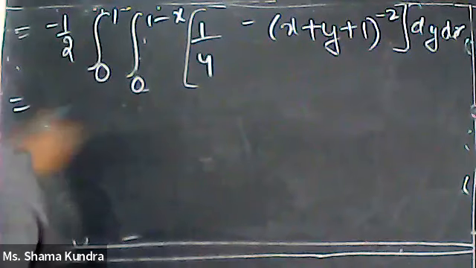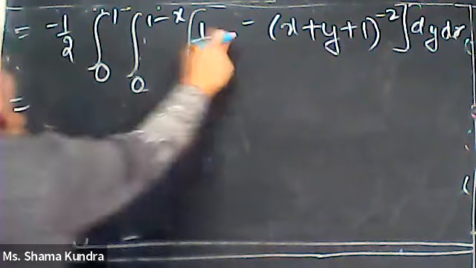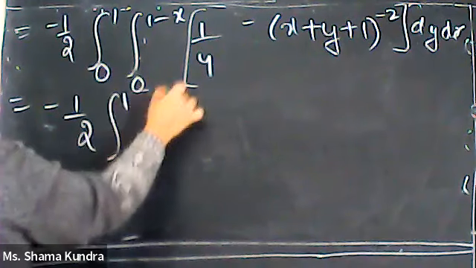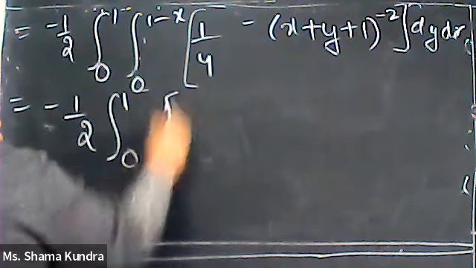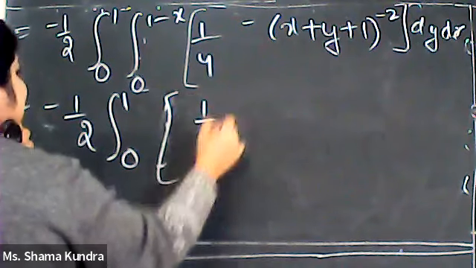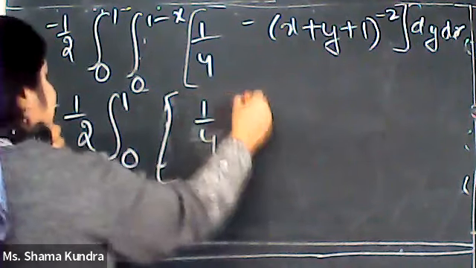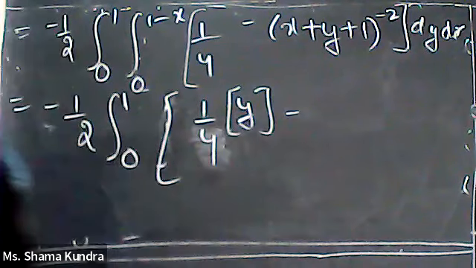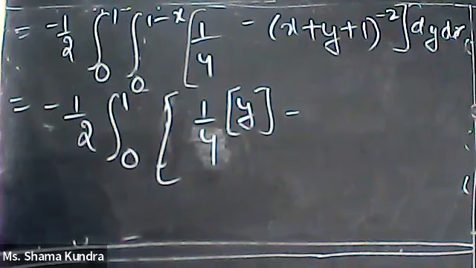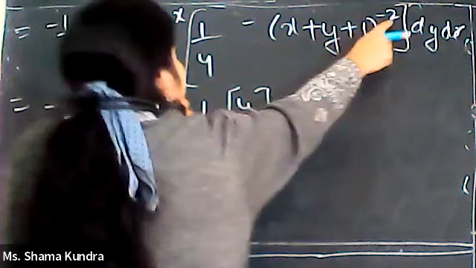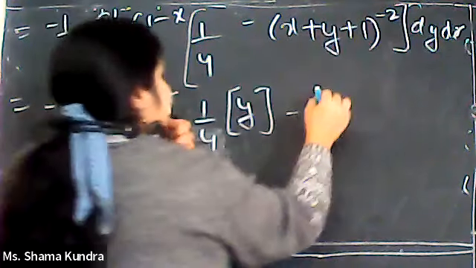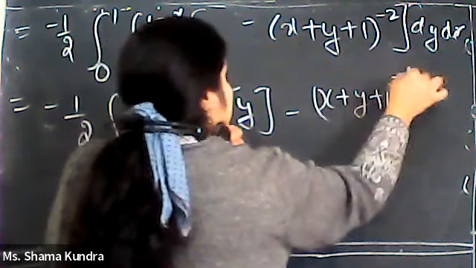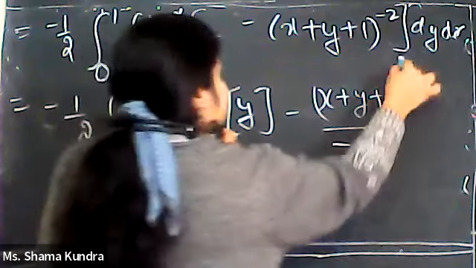One by 4 is constant, and the integral of dy is y. And here the integral uses the same formula: n plus 1 upon n plus 1, so we get (x plus y plus 1) raised to power minus 1 upon minus 1.